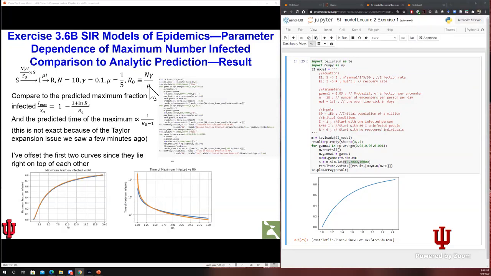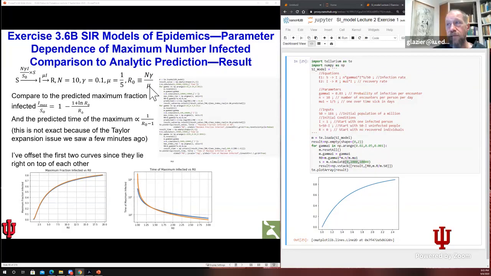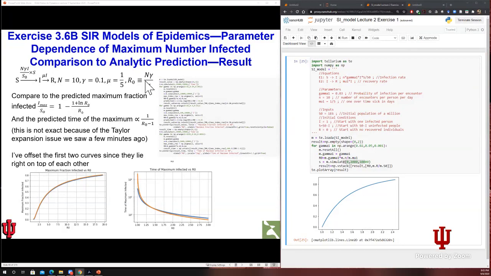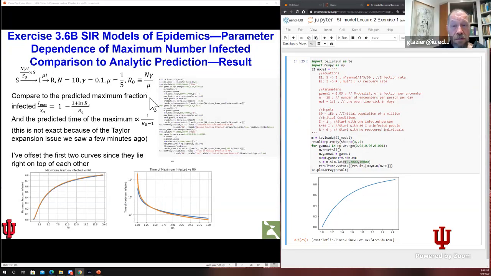Okay. So if you look at the ordinary differential equations, what you have is the number of people that are infected per unit time per infected individual, which is N gamma over S naught. And you have the rate at which you would get recovered, which is mu.